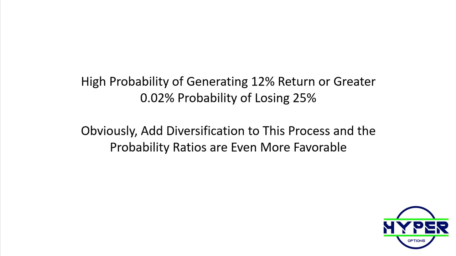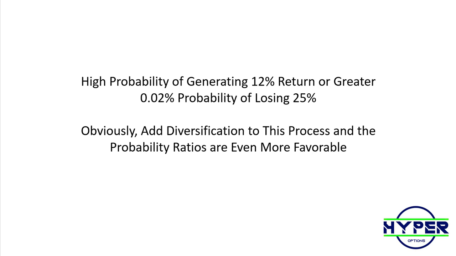It is very, very, very low. So obviously, if you add diversification to this process, the probability ratios are even more favorable. You can do it with one stock, but you don't want to put all your eggs in one basket, even if the probability is really high that you won't realize a 25% loss.